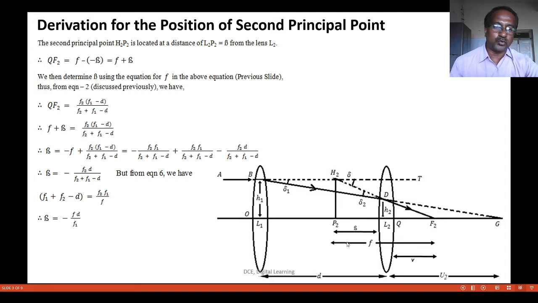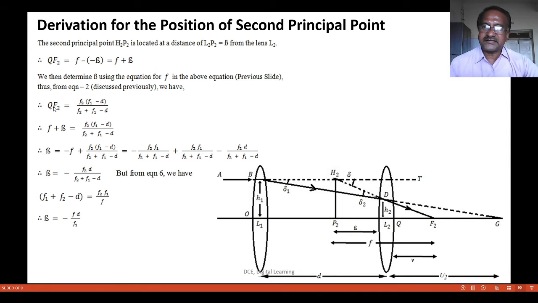QF2 is equal to P2F2 minus P2L2, that's nothing but F minus beta. Beta is taken minus because this length is measured in the reverse direction. The light is incident in this direction, and we are measuring this in the other direction, hence it is taken minus here. This will be equal to F plus beta.